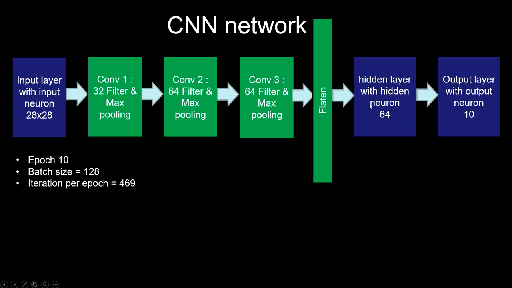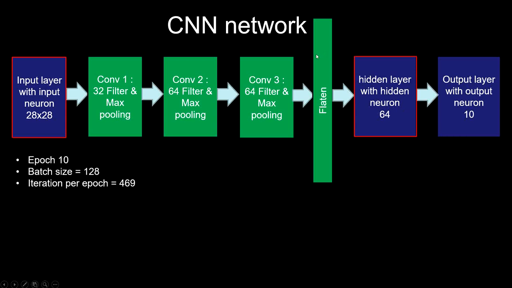The purple part is actually the same artificial neural network model that we have modified in two parts. The first part is the inputs. Convolutional neural networks receive 2D inputs, so in this case we just plug in the dimension of 28 times 28. The next part is the hidden layer. Previously we used 112, but now we reduce the number to 64. This is the only modification that we made to the original structure.